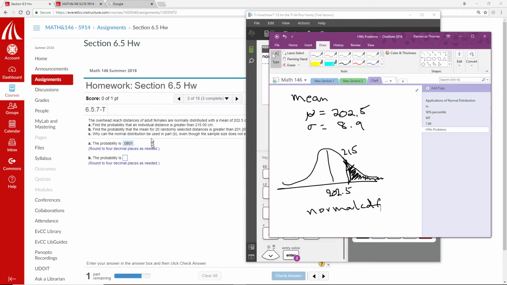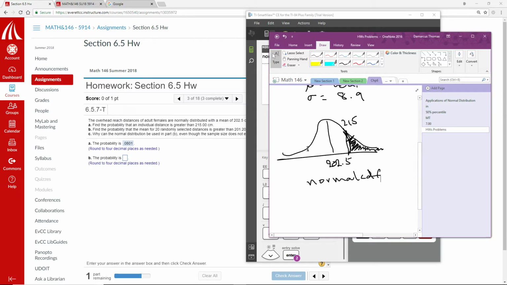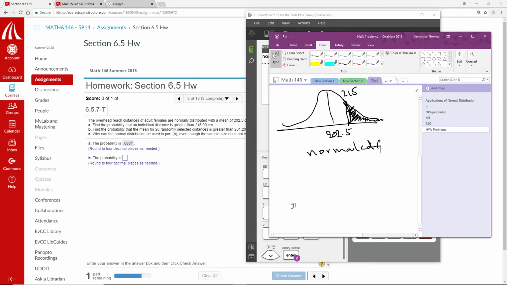The sampling distribution of 20 of those adult females, it's a little different. Like if we were to take the average height of 20, it would still be a normal distribution. The mean would still be 202.5. The only difference is the standard deviation will not be 8.9 anymore.